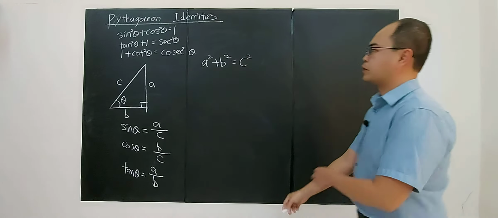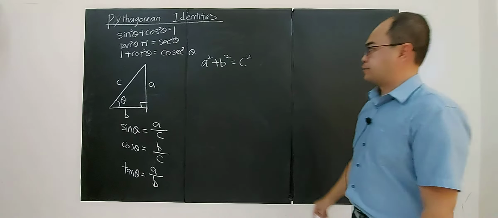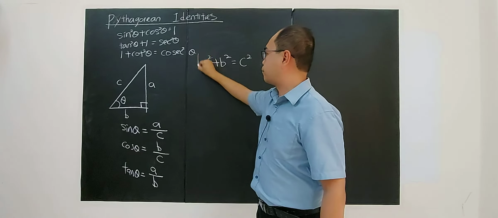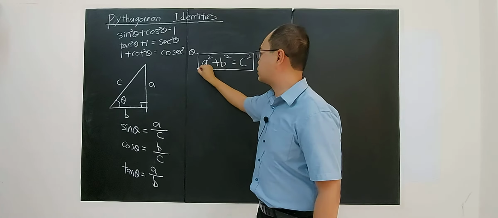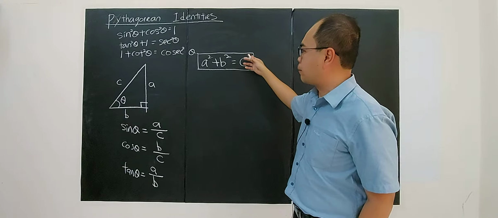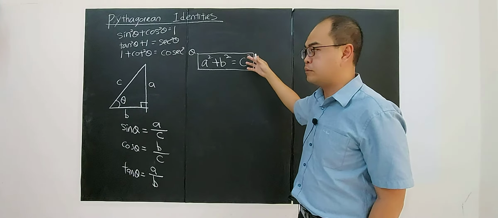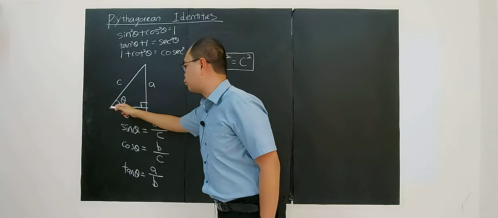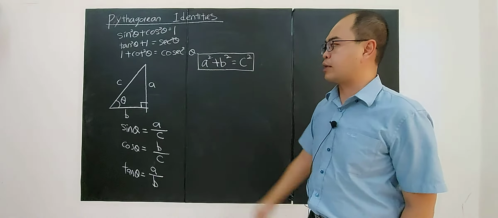This is the Pythagoras theorem. Trigonometry slightly improves the Pythagoras theorem to relate the side with the angle.